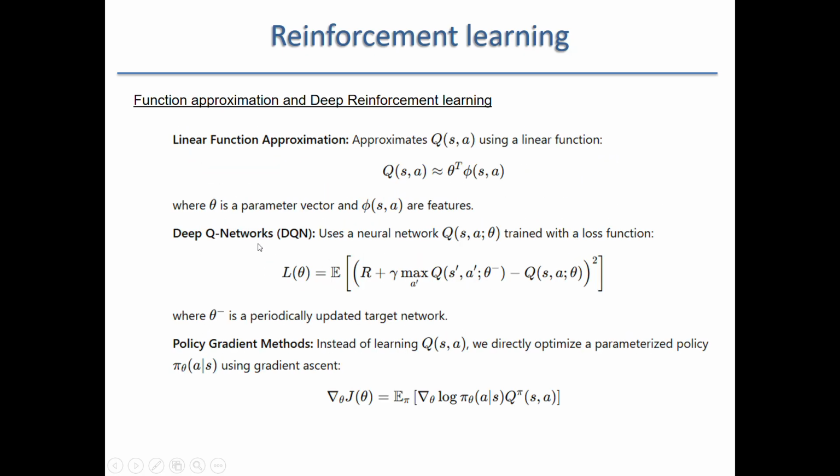Another approach would be to train Q(S,A) with a loss function. This loss function depends on the weights of the neural network, and somehow it is learning the Q(S,A) function, with some kind of internal reference.